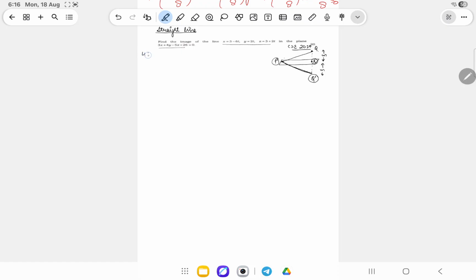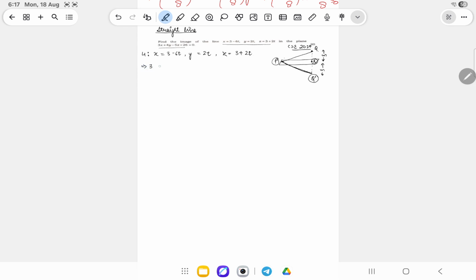The given line is x equals 3 minus 6t, y equals 2t, z equals 3 plus 2t. This is an arbitrary point on the given line. If this line intersects plane P, then these values of x, y, z must satisfy the equation of the plane.